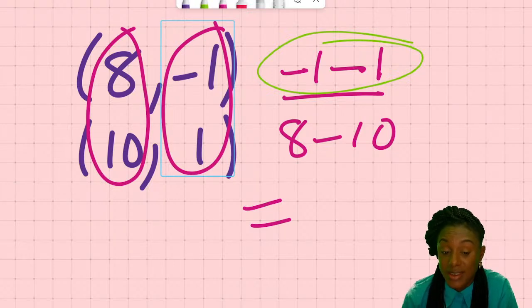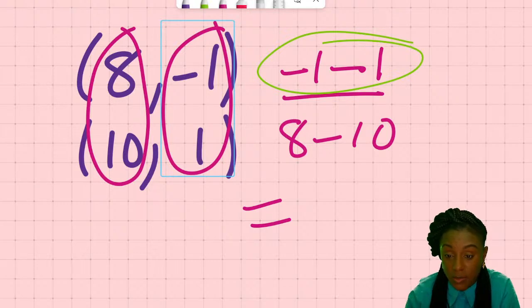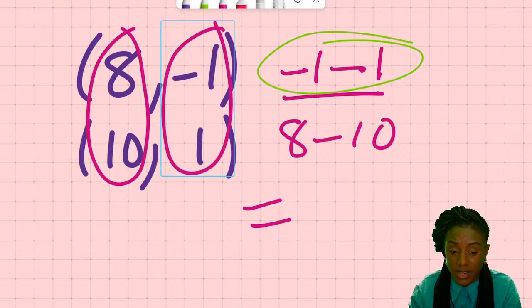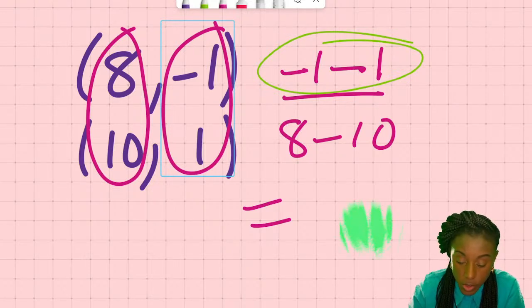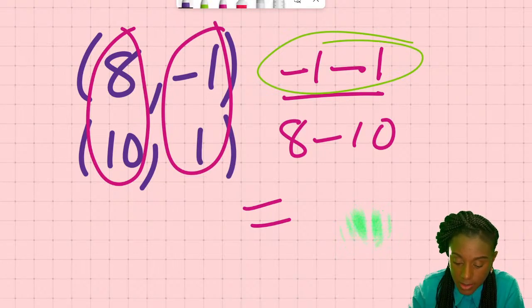The answer is negative 2. Whenever you're adding and subtracting, your answer always takes the sign of the bigger number. Both numbers are negative, so my answer is going to be negative. So our numerator here would be negative 2.